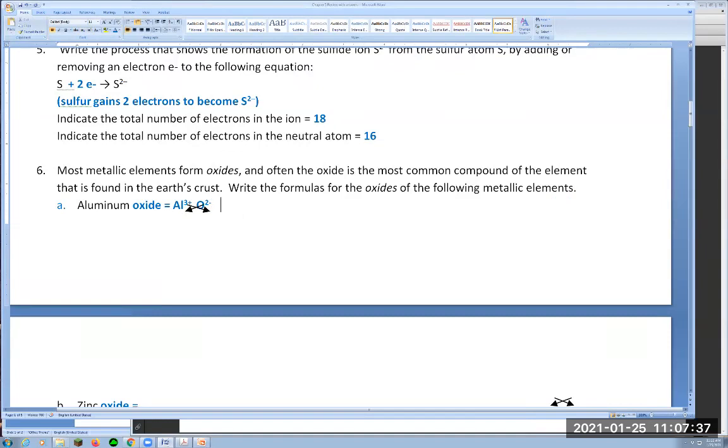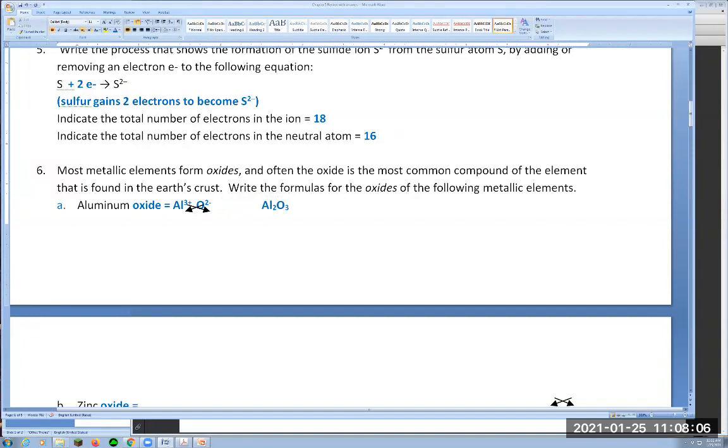So aluminum will give its charge of 3 as a subscript to oxygen, so that's going to be AlO3, and then the 2 from the oxygen will become a subscript for aluminum. So the formula is Al2O3.